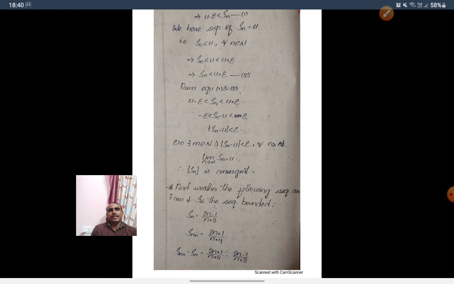So here I take Sn is equal to 2n minus 1 by n plus 3 and write Sn plus 1. Substitute n plus 1 in the place of n. What do we get? 2 into n plus 1 minus 1, that is 2n plus 1, by n plus 1 plus 3, that is n plus 4. Consider Sn plus 1 minus Sn, that is equal to 2n plus 1 by n plus 4 minus 2n minus 1 by n plus 3.